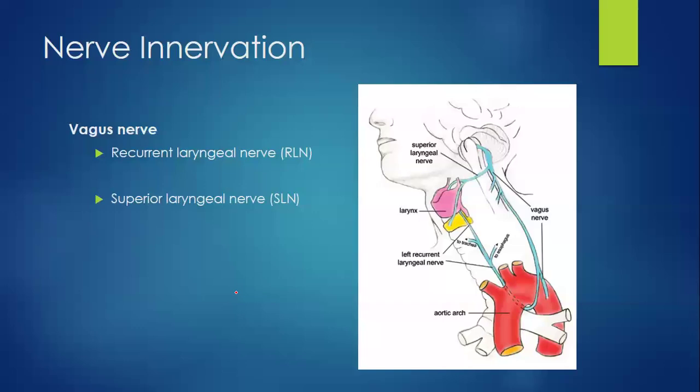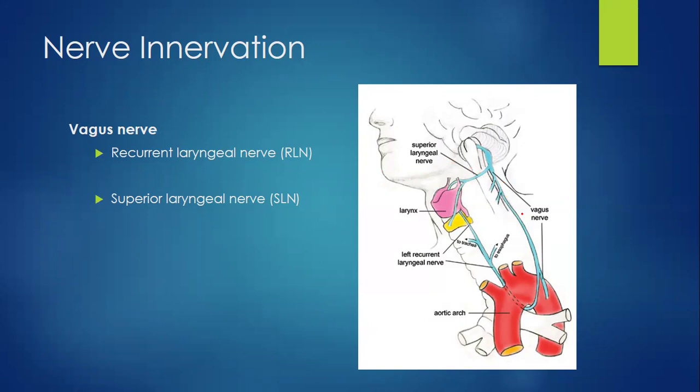Know that the left recurrent laryngeal nerve has a unique path. And because of this path, a person could go in for a heart surgery and then come back with a voice problem.